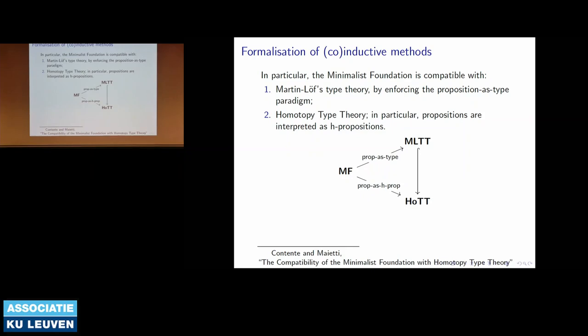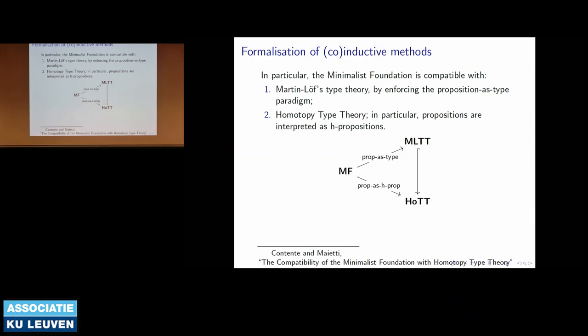Because now, if we want to export our definitions from the minimalist foundation into homotopy type theory, we have two choices. The first one, since we know that the minimalist foundation is compatible with homotopy type theory, we can take this lower path and directly interpret each proposition of the minimalist foundation as an H-proposition of homotopy type theory, straightforward.